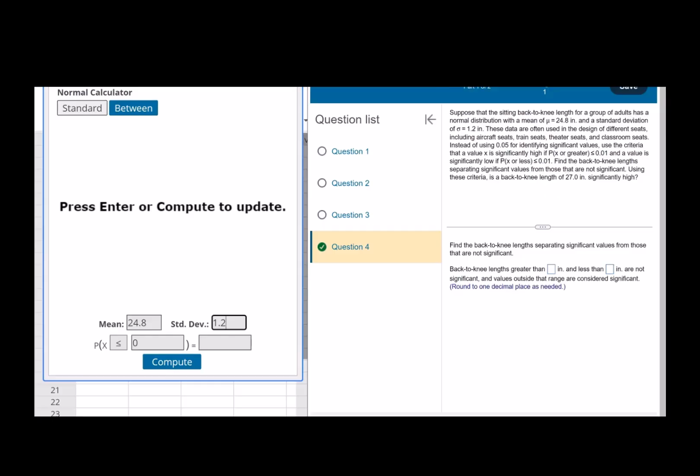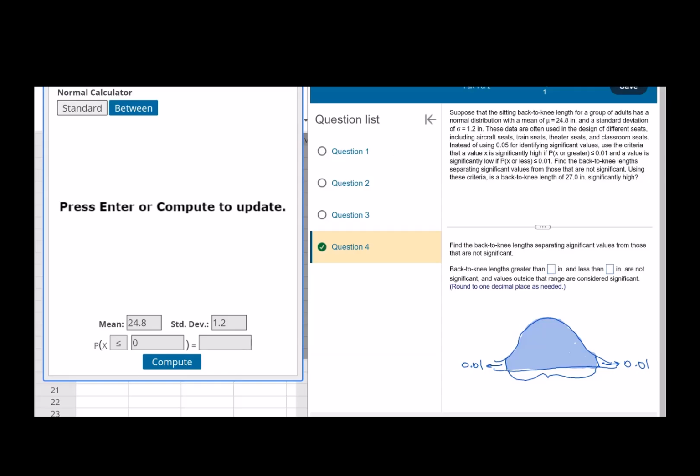Similar to the last question, but I wanted to show you another way. I want this area to be 0.01, and I want this area to be 0.01. But what I want to know is this part in the middle, and I need to find the endpoints.